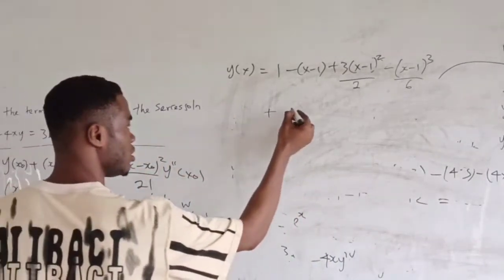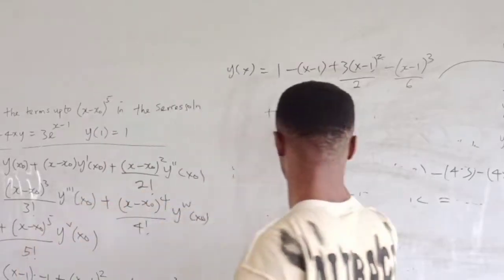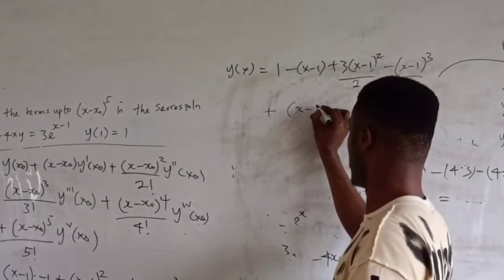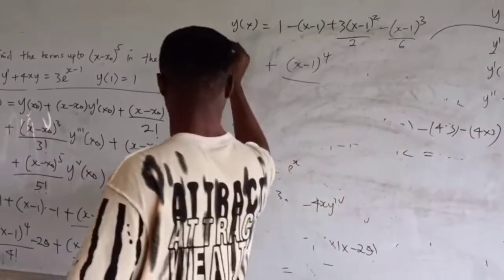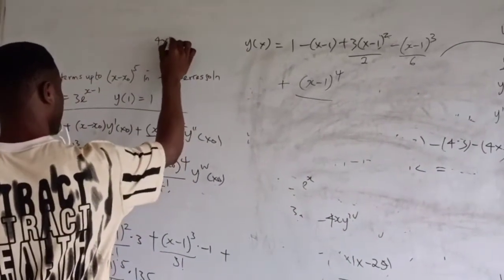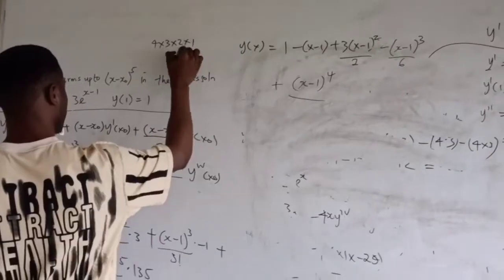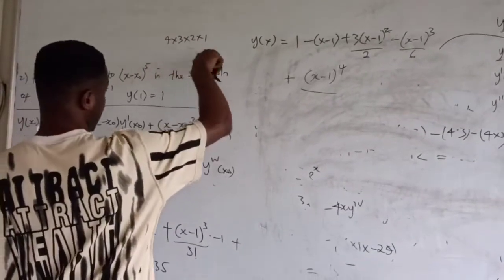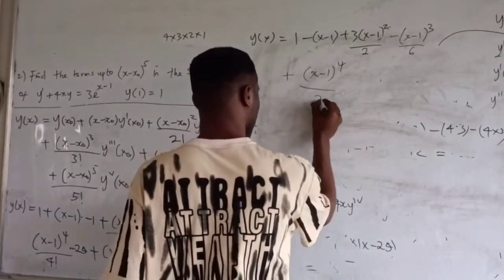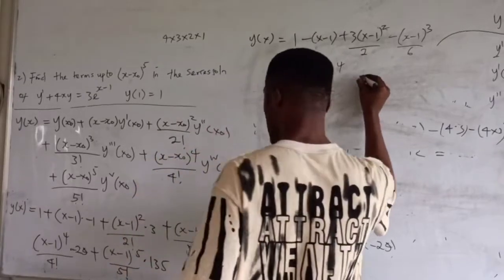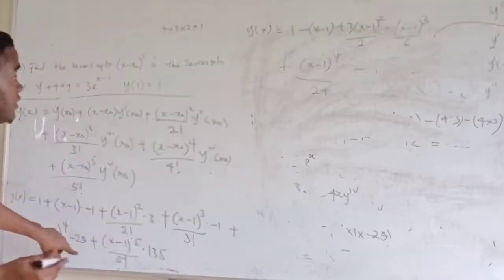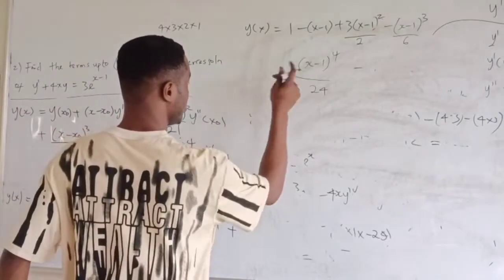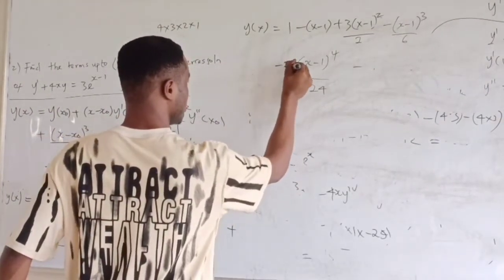this, which gives me (x minus 1) to the fourth power over 4 factorial. 4 factorial means 4 times 3 times 2 times 1, which gives me 24. And it's being multiplied by negative 29, so this gives me minus 29.